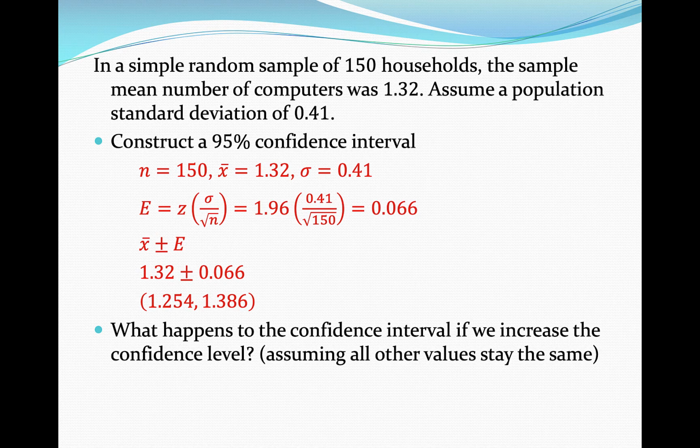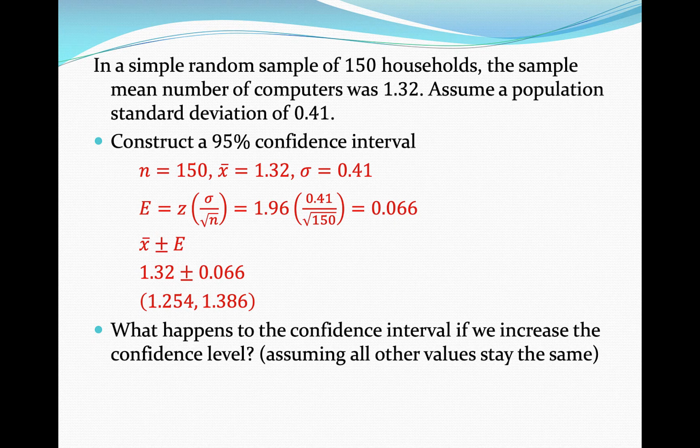There's a few ways to think about it. Let's just think about it mathematically first. If you think about it mathematically, the only thing that's going to change in here if you increase the confidence level is you're going to change that value of 1.96, that z value, to a value of 2.576. That value is going to increase because if you think about the picture, to be 99% confident, you need more of the area. So you've got to spread out those z values so you get more area.